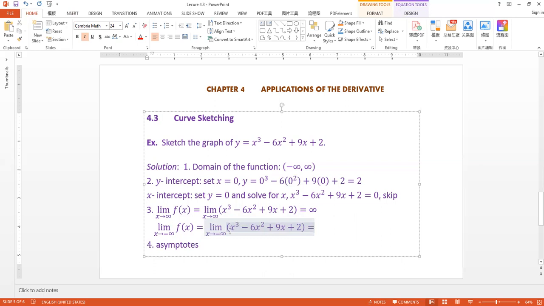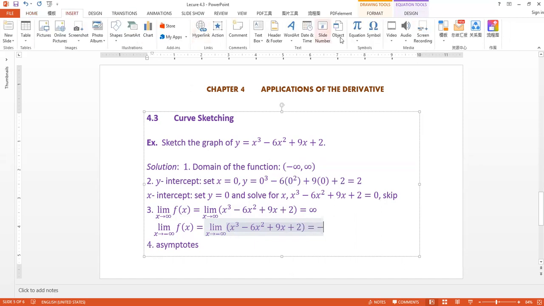Because the first term is x cubed, the highest power, it will change much faster than the other terms. So again, this will be dominated by the first term. As x approaches negative infinity, the magnitude gets large, but the sign will be negative because if you cube a negative number, you get a negative number. So the limit of this function as x approaches negative infinity is negative infinity.